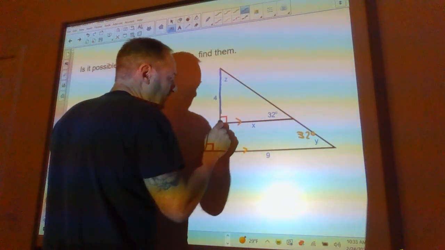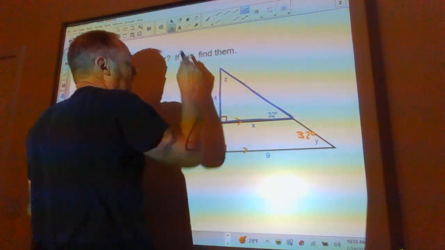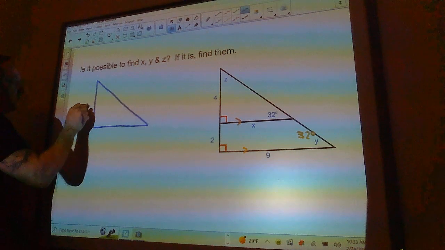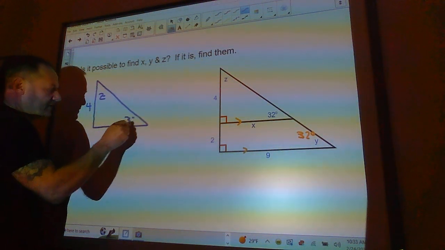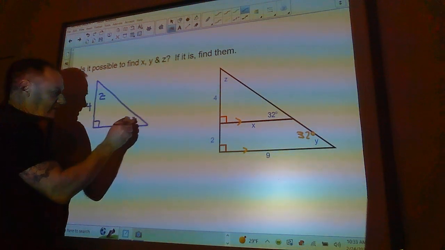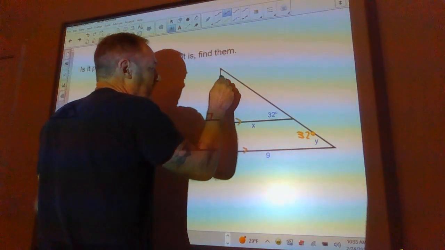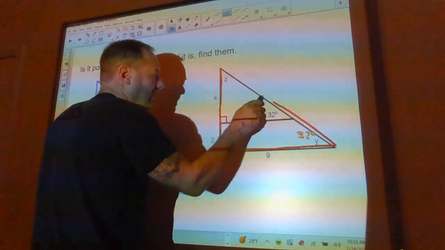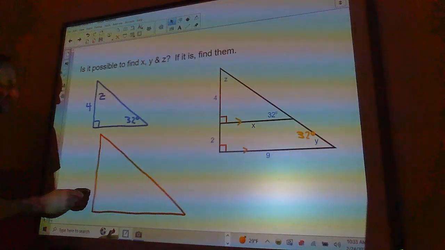So I could take this triangle, put it here, and that's a 4. That's a Z, that's a 32, and that's a 90. Okay, and then I've got this other triangle. I'm telling you, this is a bit of extra work, but it's very helpful.